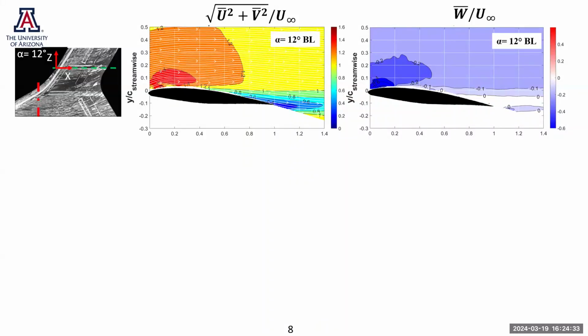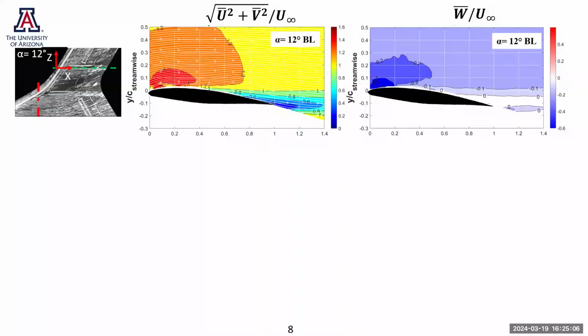For alpha 12 degrees baseline, you see that the flow is pretty much attached. We have a strong acceleration of the flow at the nose of the wing. When we look at the Z velocity, we see that this high acceleration gives us a low pressure region, so negative Z velocity. And towards the trailing edge, we have weak positive outboard flow that is identified by the surface streamlines here.